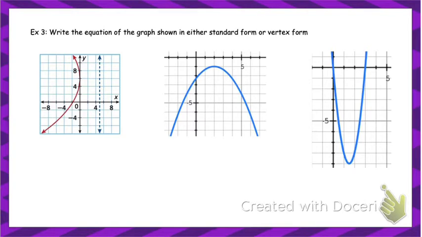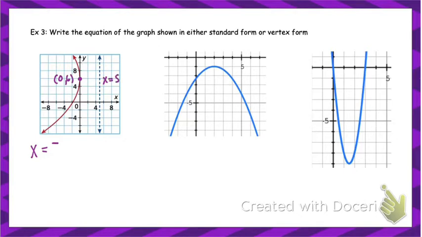This first one is a good case of using the directrix to find the p-value. So we know this one's opening to the left, so this is going to be x equals. We know it's going to be a negative value because it's opening left. Here, my vertex is at 0, 6, and the scale here is a little bit different, which means x equals 5 is my directrix.